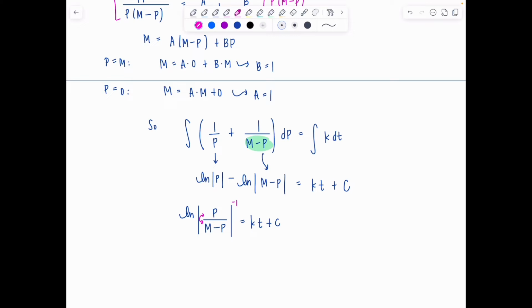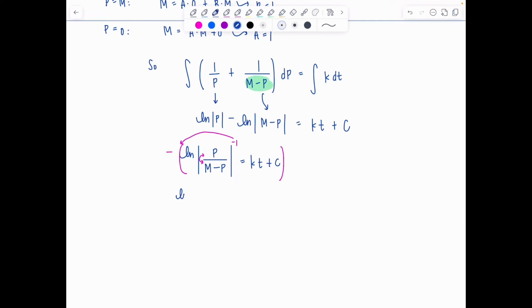And when I do that, remember from our properties of logarithms, that's multiplying the logarithm by -1. So I'm going to basically hit everybody in the equation with a -1. And then the left-hand side will become natural log absolute value m minus p over p equals negative kt minus c. All right? Yeah, that minus has to go throughout.